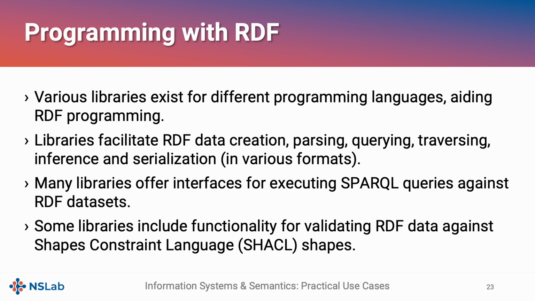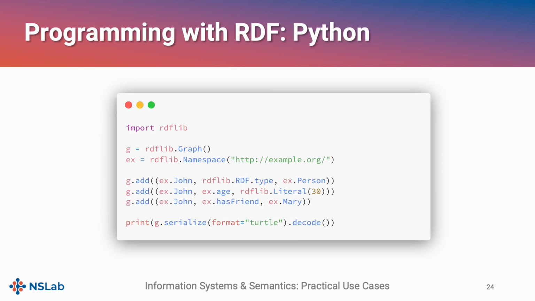Now I have a brief examples how to work with RDF in Python. But as I said, there are such libraries for most of the programming languages that you can encounter, and all of them work more or less in a similar way.